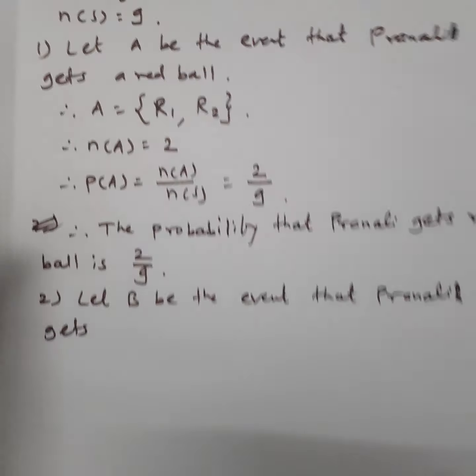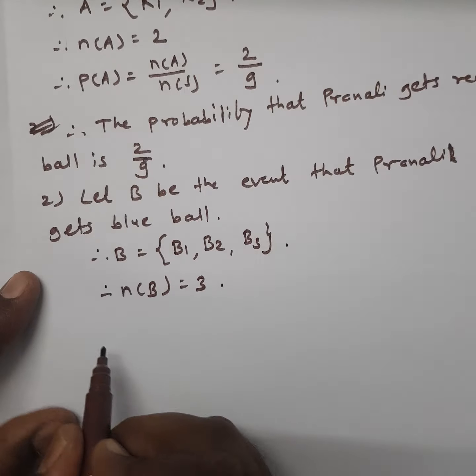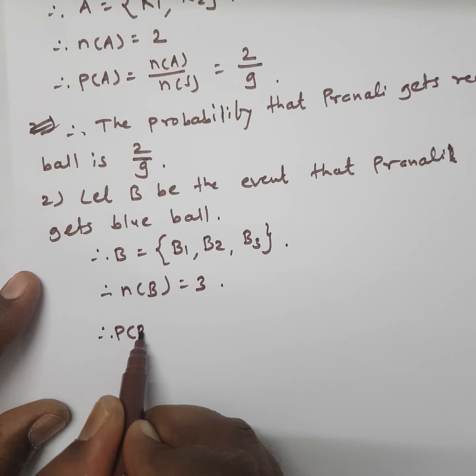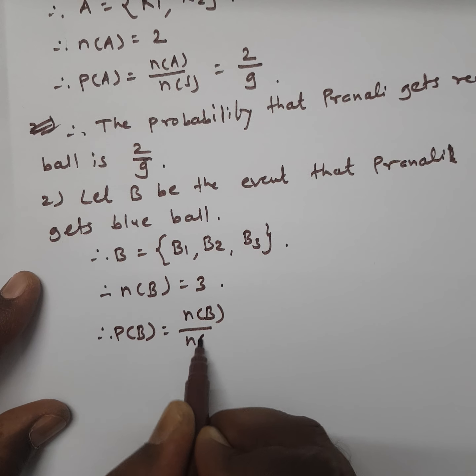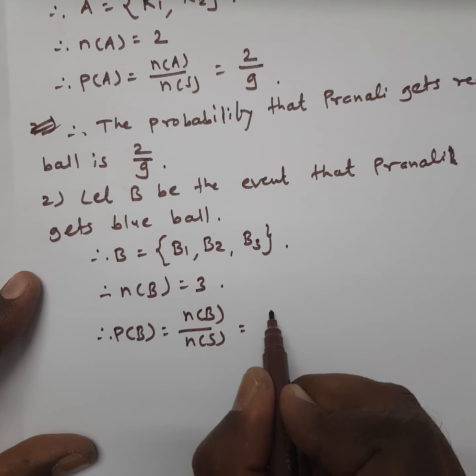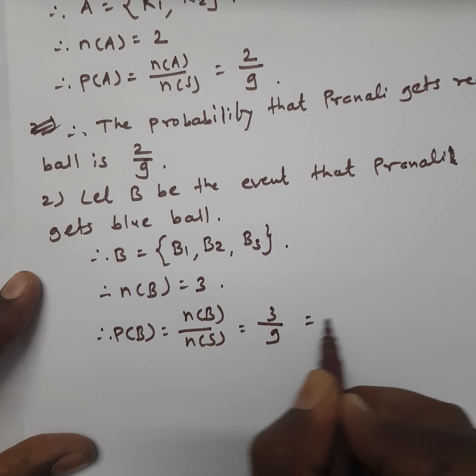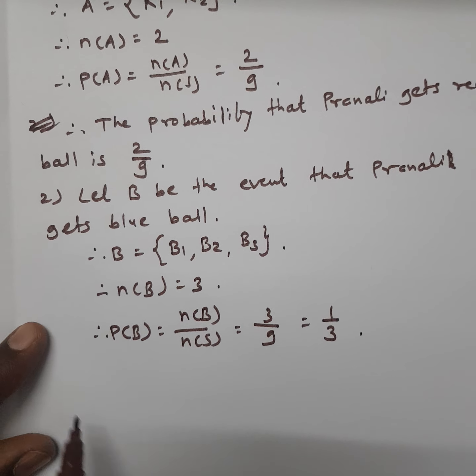Therefore n(B) is equal to 3, P(B) is equal to n(B) upon n(S) is equal to 3 upon 9 is equal to 1 upon 3.